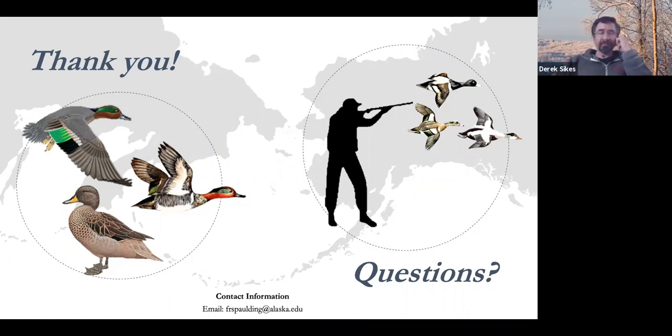Hi, Fern. Hi, Derek. Great talk. Yeah, and I was just thinking more about that mitochondrial nuclear discord and wondering, do you think the lack of monophyly for the green-winged teal in the mitochondrial data might be due to retained ancestral polymorphism, or do you think an alternative might have been some kind of mitochondrial capture or hybridization more recently?